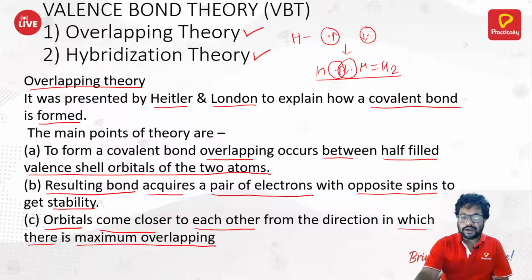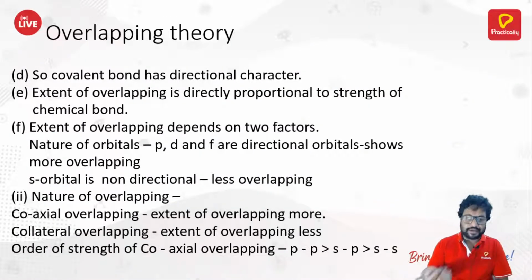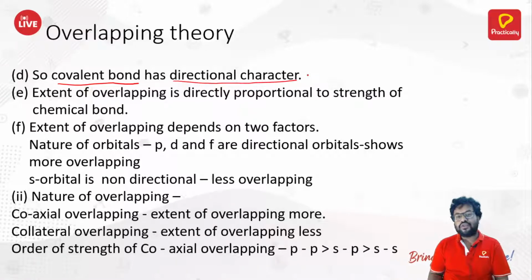Then we have one more theory, the hybridization theory, but we will see that once this finishes. So a covalent bond has a directional character. We all know that.